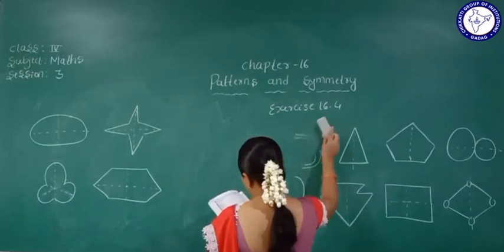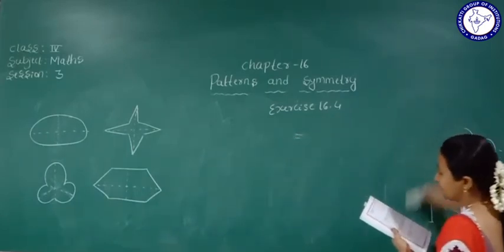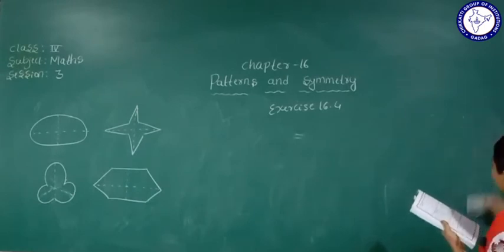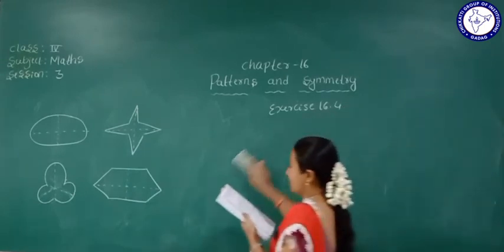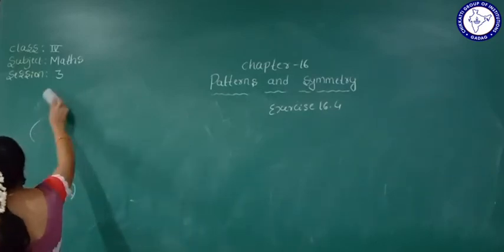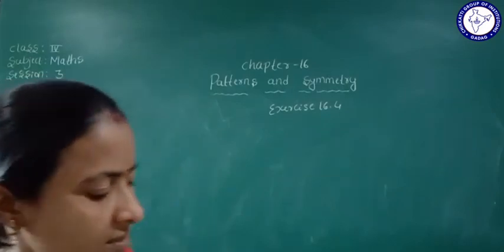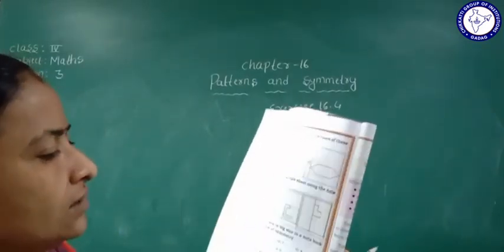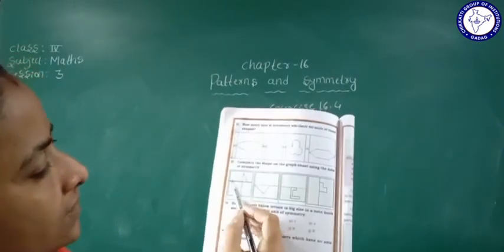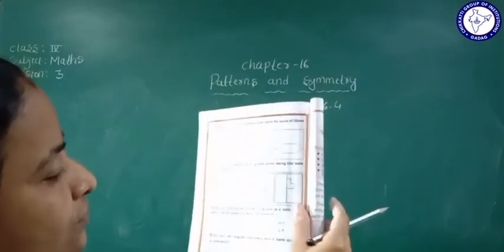Okay, and next question, they have given a shape here, and we have to complete it on the graph sheet. So this question we will complete in the textbook only because it is given on the graph. Yes, see here students, they have given, complete the shape on the graph sheet using the axis of symmetry.